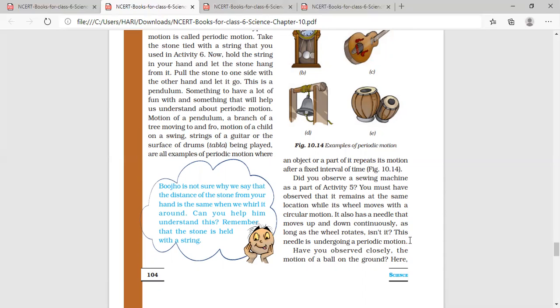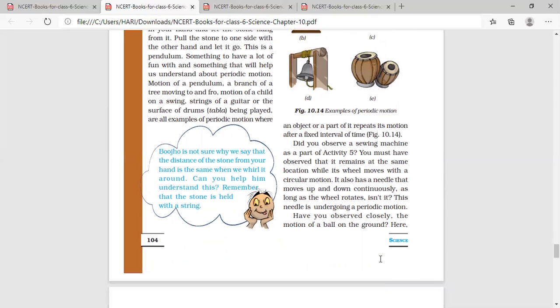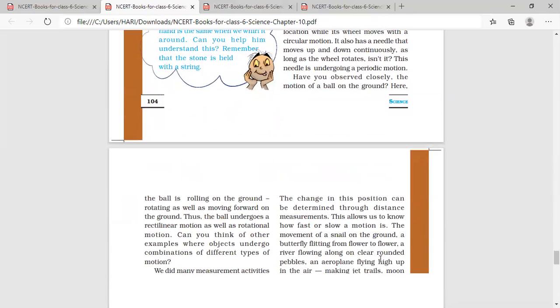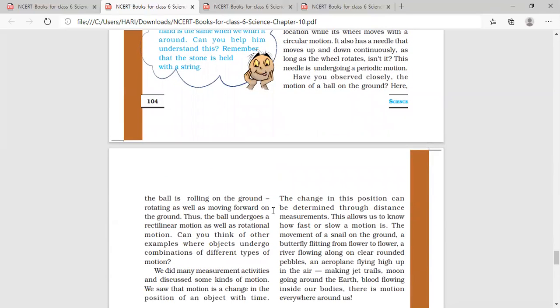Okay, children. Have you observed closely the motion of the ball on the ground? The ball is rolling on the ground, rotating as well, moving forward on the ground. Thus, the ball undergoes rectilinear motion as well as rotational motion. As I told you about the motion of the bicycle, here another example is given, the motion of the ball. When the ball moves along the ground, it is undergoing circular or rotational motion.